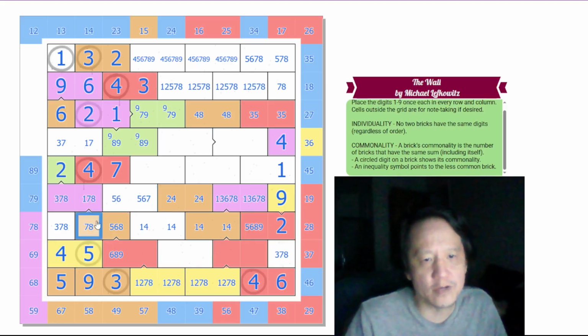This is 7 or 8 with the orange. It must be with 5 or 6 to be orange. This cannot have 1 because 1 3 has to be one of these pinks. So, well, no, hold up.